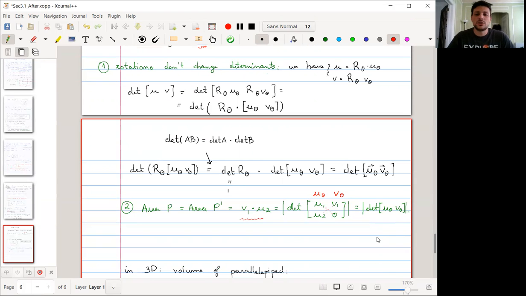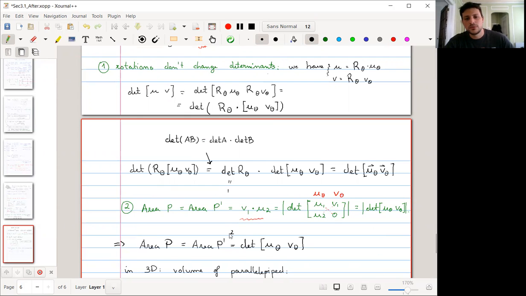Now, piecing 1 and 2 together, we get our conclusion, which is that the area of the parallelogram P that we started from is the same as the area of the parallelogram P prime, which is the same as the determinant of the matrix u theta v theta.